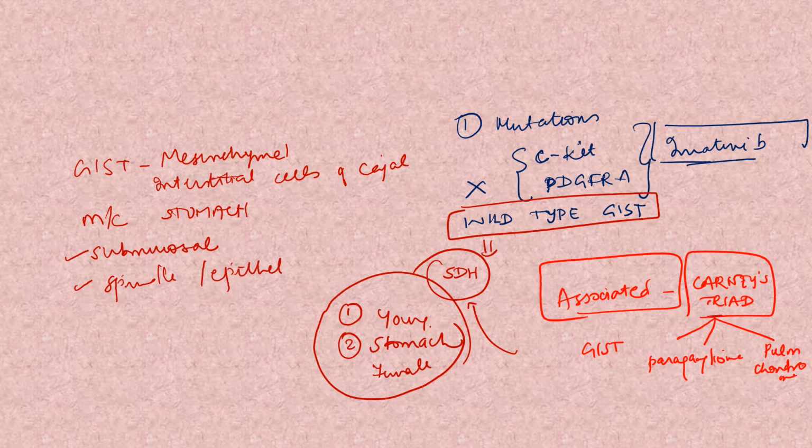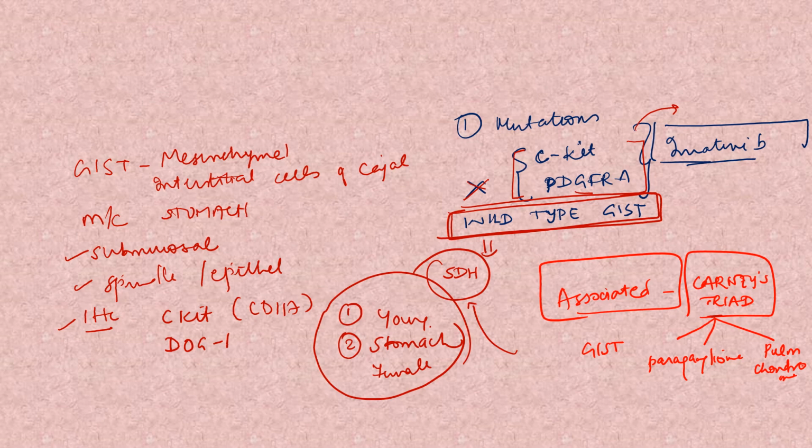Then you have IHC markers. They are positive for c-KIT or CD117 and DOG1. And you have different mutations, c-KIT and PDGFRA mutations. Why you should know these is that those which have the mutations are responsive to imatinib. Those GIST which don't have these mutations are called wild type GIST.